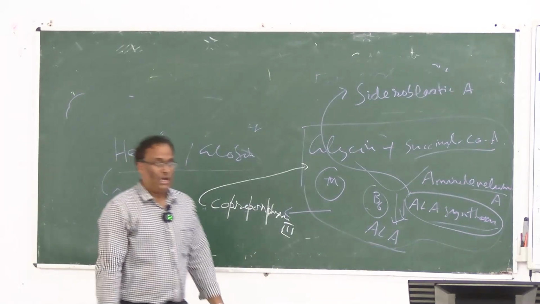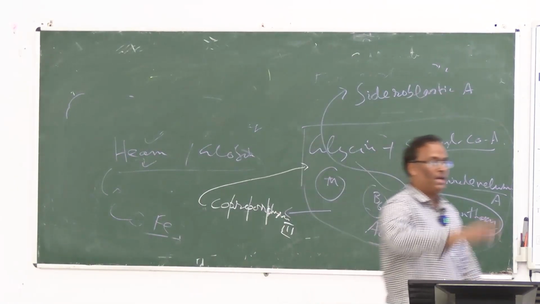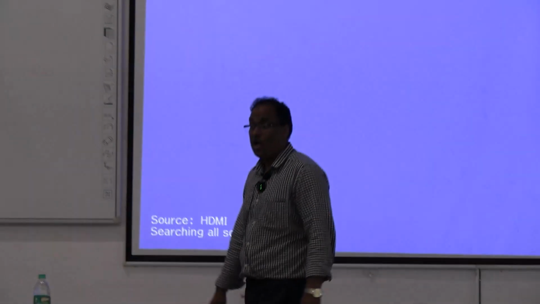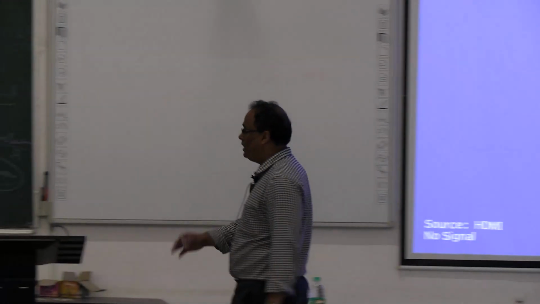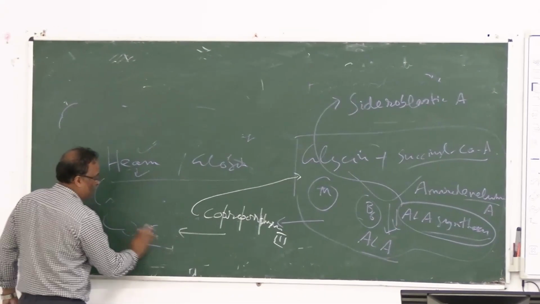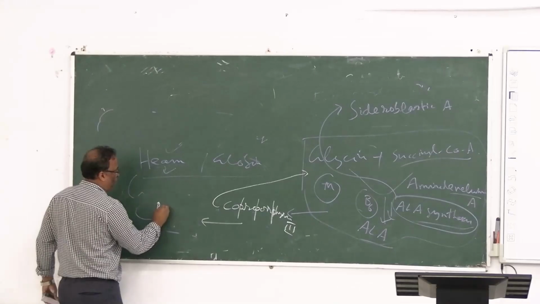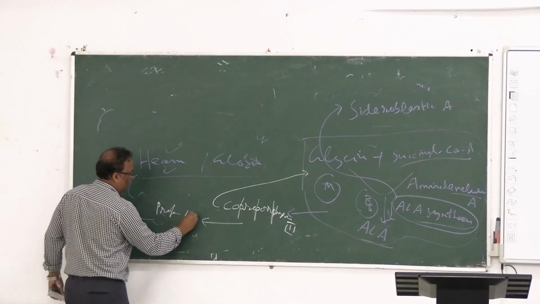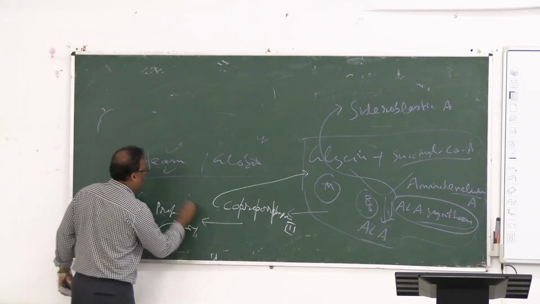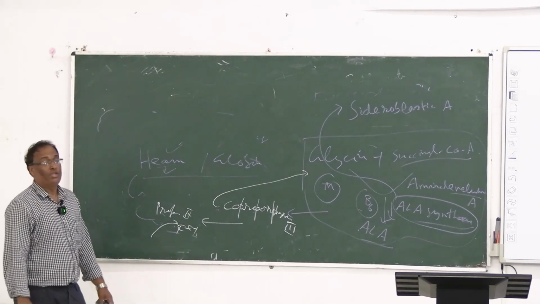After some reactions, these form coproporphyrin 3 and then come into the mitochondria for further reaction, where coproporphyrin 3 is converted into protoporphyrin 9 with the help of iron and the enzyme ferrochelatase.